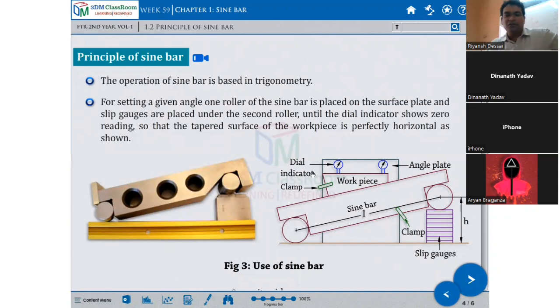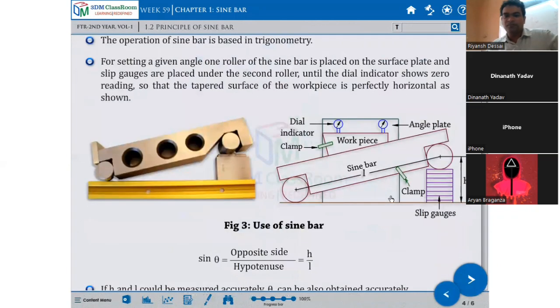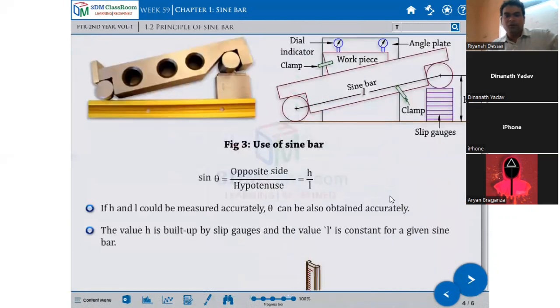So this is a dial test indicator. From here to here you have to pass it. Accordingly, you will get the height, and the length of the sine bar is the same. By using a sine bar, you should use sine theta is equal to opposite side upon hypotenuse, that is h by l. h and l can be measured accurately, and theta can also be obtained accurately.